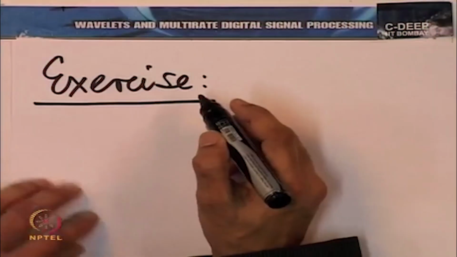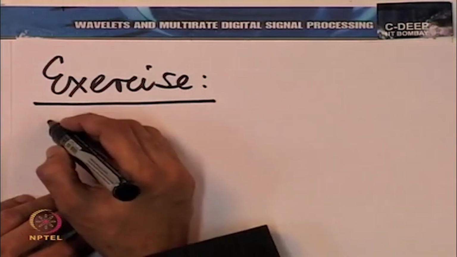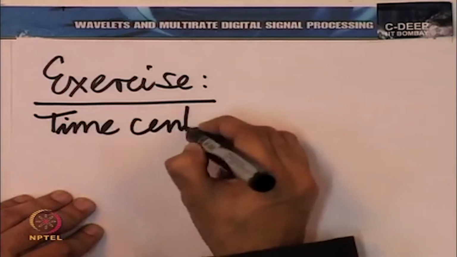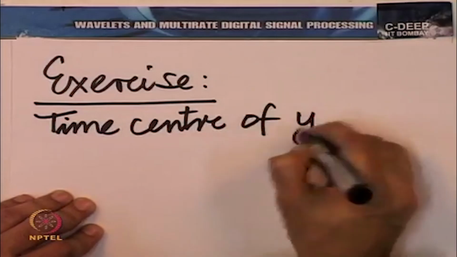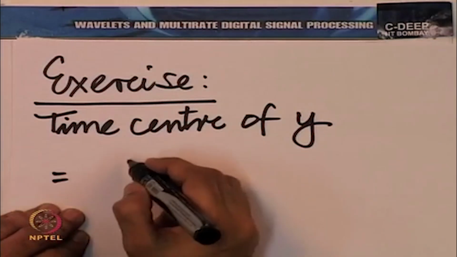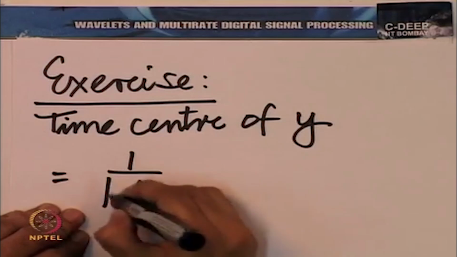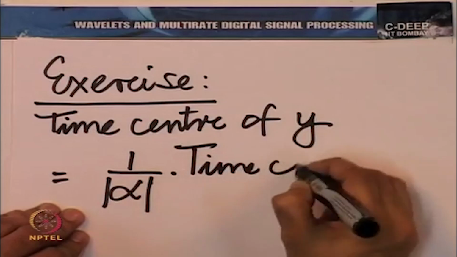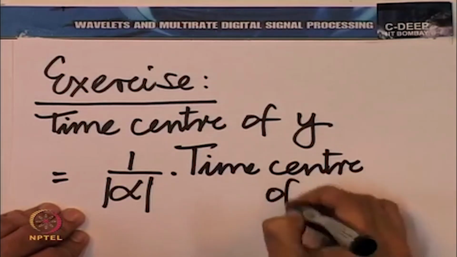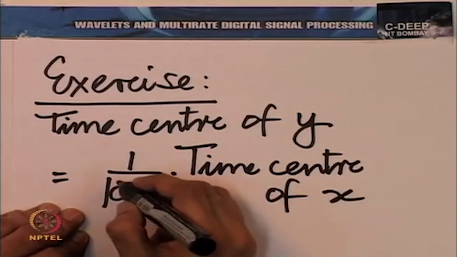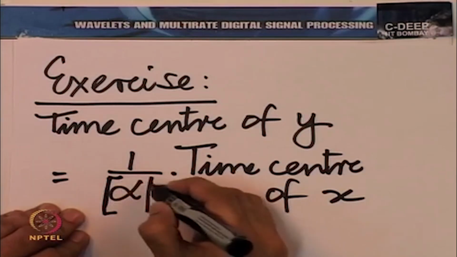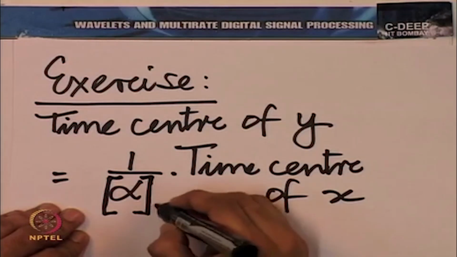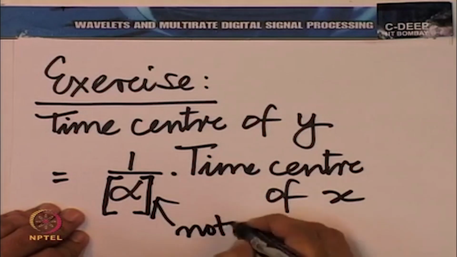It is very easy to show by making that substitution that the time center of y is equal to 1 by mod alpha times the time center of x. Actually, not mod alpha, I am sorry, it should be just 1 by alpha, because we must take into account the sign as well, not modulus.